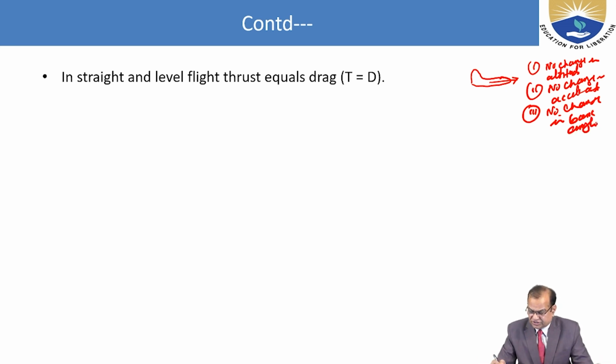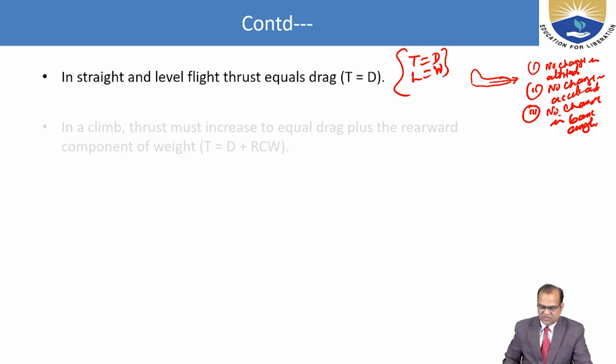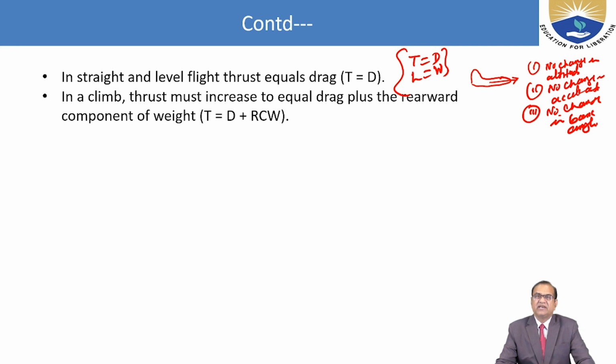If we have these three conditions, we can say that the aircraft is in straight and level flight. In this case, thrust is equal to drag and lift is equal to weight, which we have already covered in our previous classes. But in climb, what happens?